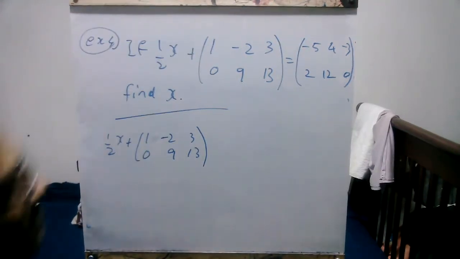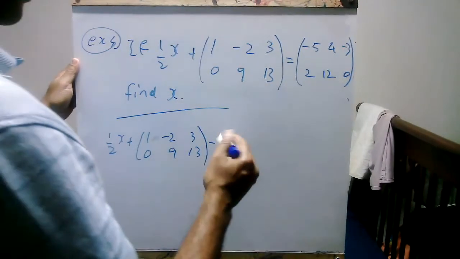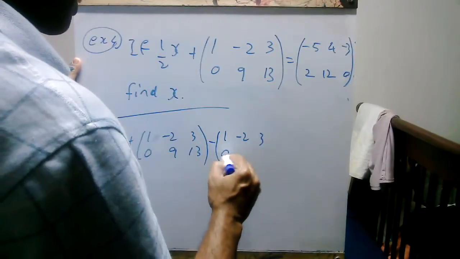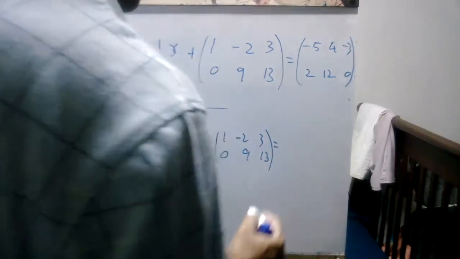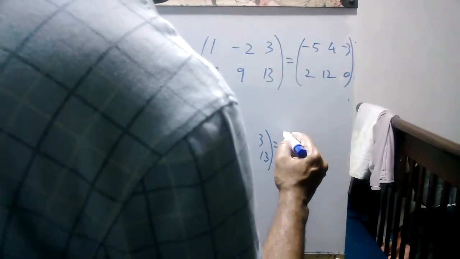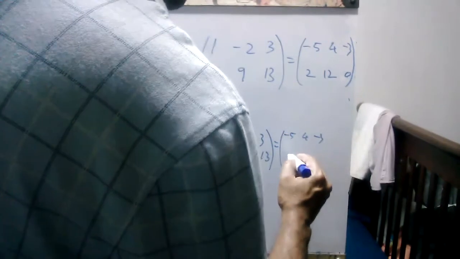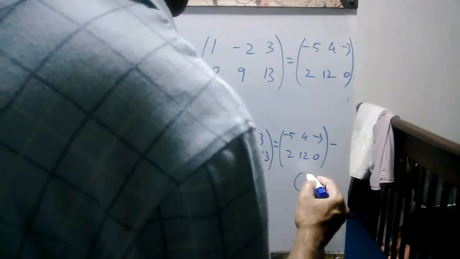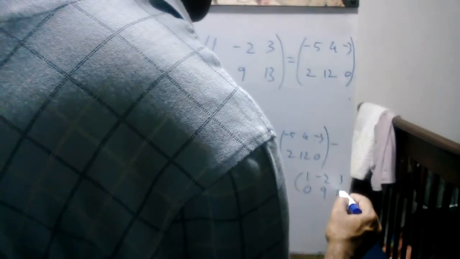Let's do that. Minus the same thing I'm writing here, 1, negative 2, 3, 0, 9, 13, equal to negative 5, 4, negative 3, 2, 12, 0 minus the second matrix, which I write here, this matrix 1, negative 2, 3, 0, 9, 13.